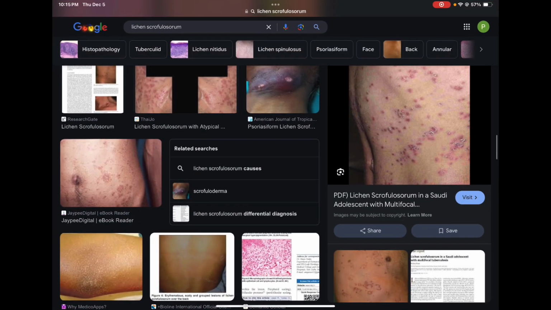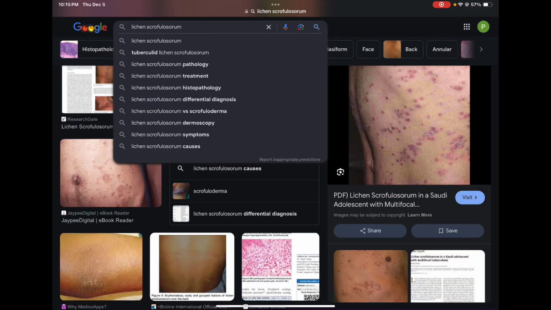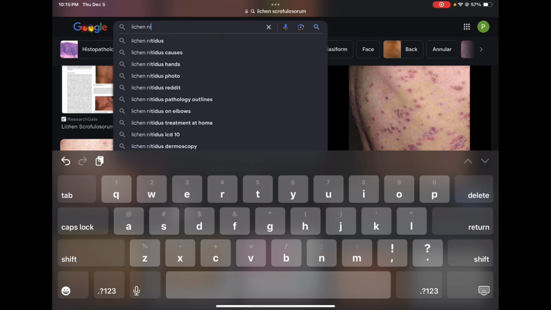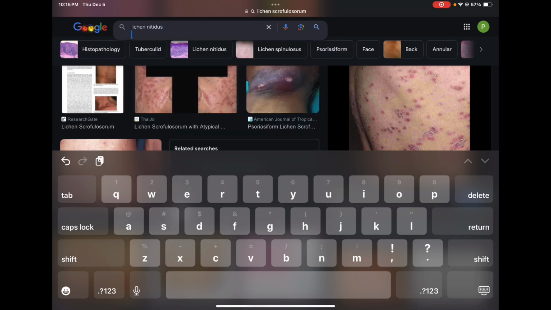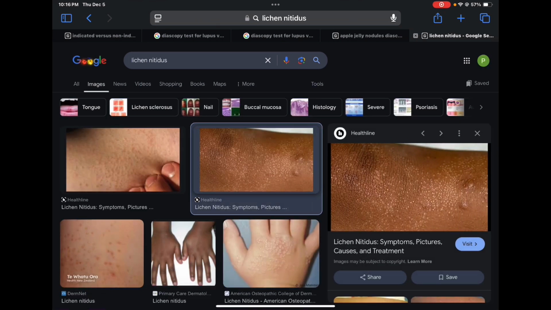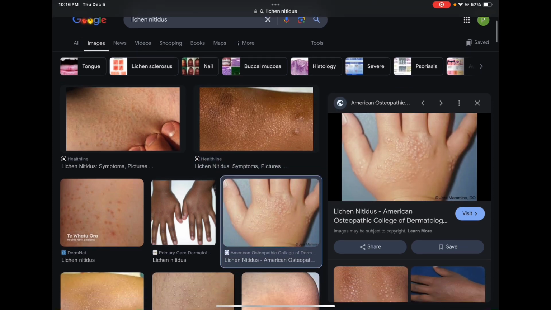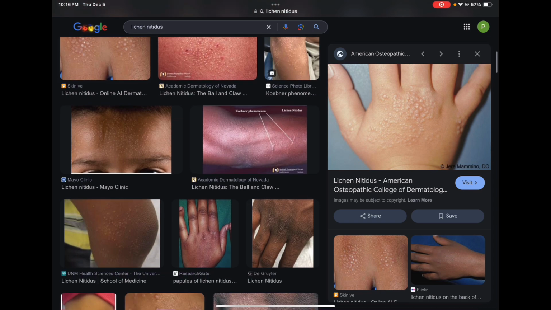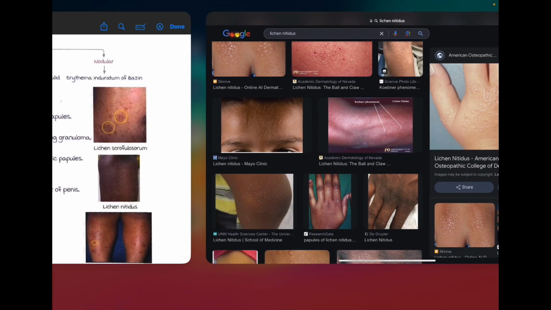Let's see an example of that. Here, so these are shining papules. Lichen nitidus.